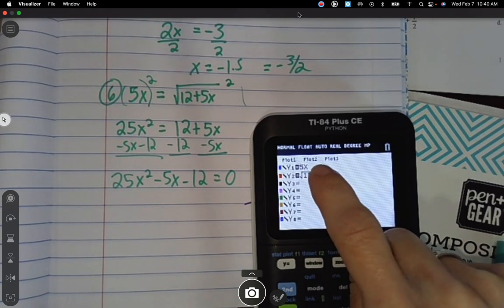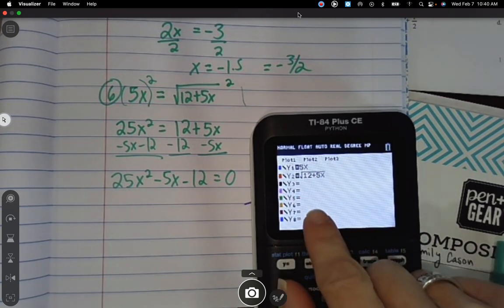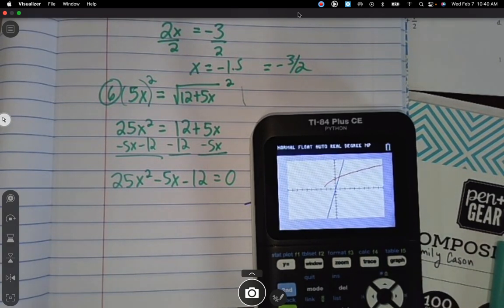I'm trying to find where they equal, right? So, look at my graph. Do you see where they equal? It's just right there. It's at 1. Yeah, they intersect at that 1 point. That's why I was like, it can't be B. My graph is only showing they equal at 1 point. How do you find that?